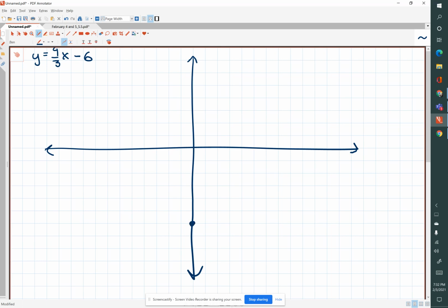And we have a positive slope of 4/3. So up 4, over 3, up 4, over 3. So this is our first equation. Let's choose a color. Let's choose red. And that's for our y equals 4/3 x minus 6.